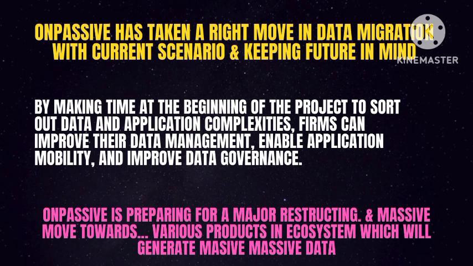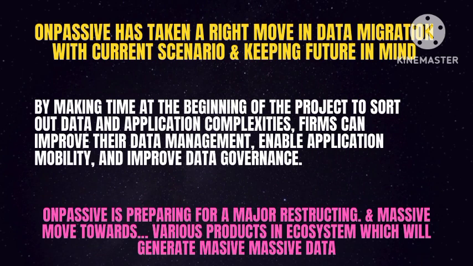Taking into account the current scenario and keeping the future in mind, ONPASSIVE has taken the right move in data migration. This is very important. By taking time at the beginning of the project to sort out data and application complexities, firms can improve their data management, enable application mobility, and improve data governance.